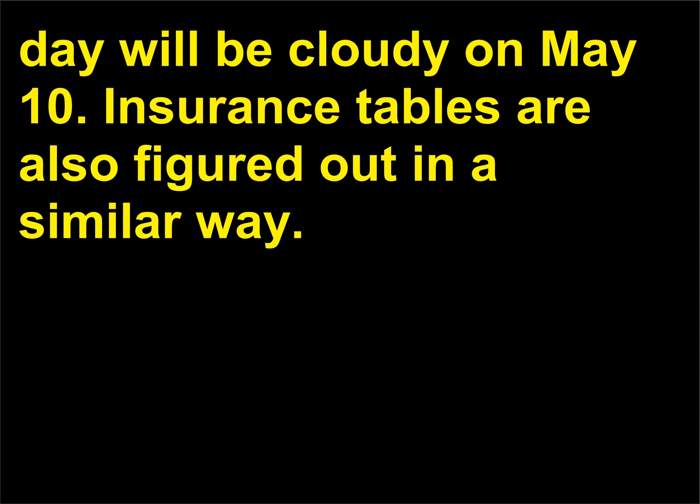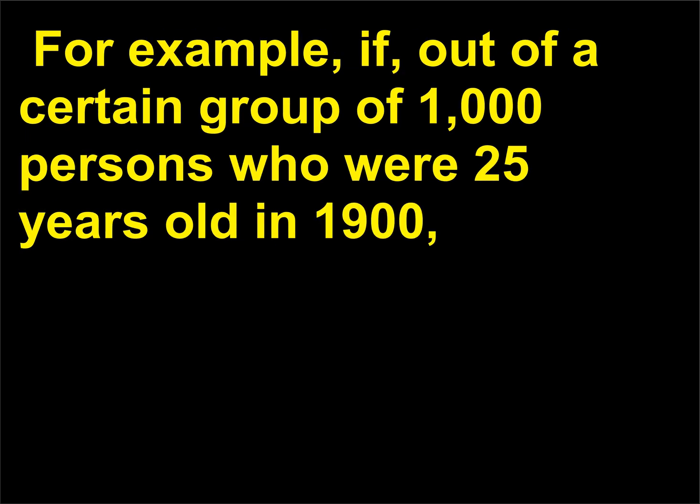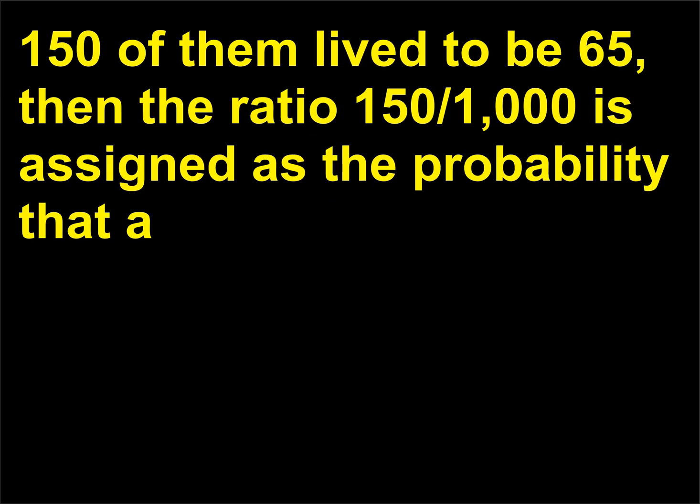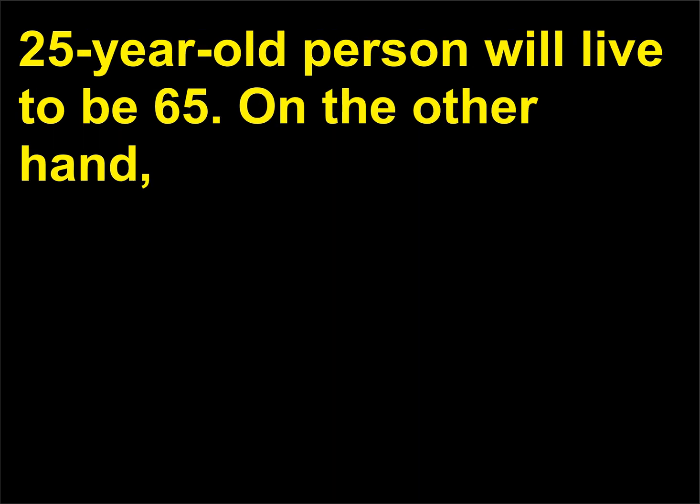Insurance tables are also figured out in a similar way. For example, if, out of a certain group of 1,000 persons who were 25 years old in 1900, 150 of them lived to be 65, then the ratio 150/1,000 is assigned as the probability that a 25-year-old person will live to be 65.